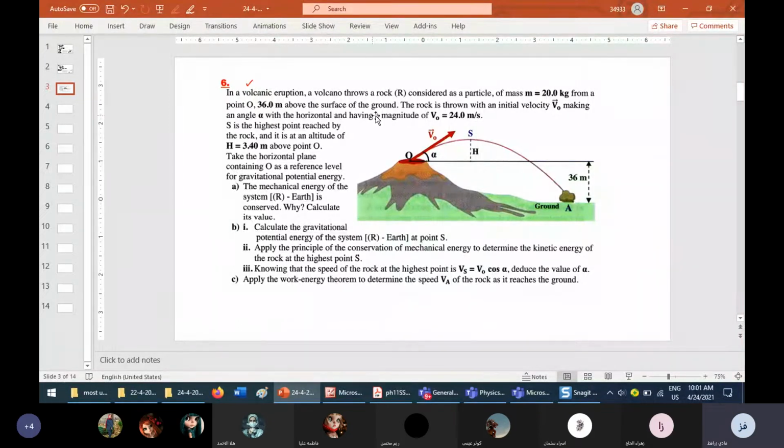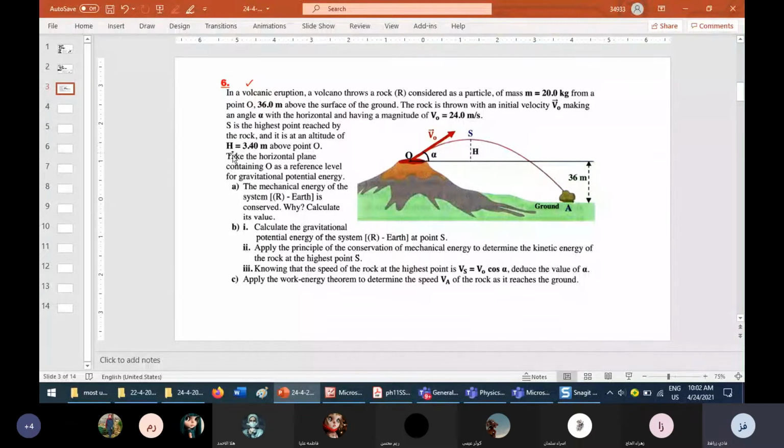The rock is thrown with a horizontal velocity v0 making angle alpha with the horizontal, and having a magnitude of 24 meter per second. S is the highest point reached by the rock, and it is at an altitude of 3.4 meter above point O.